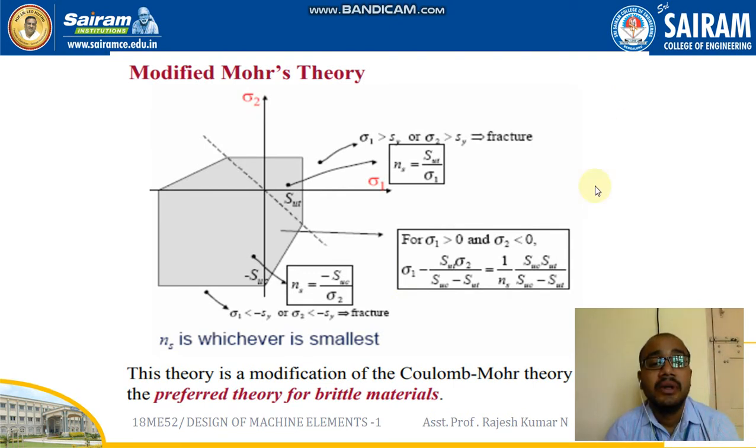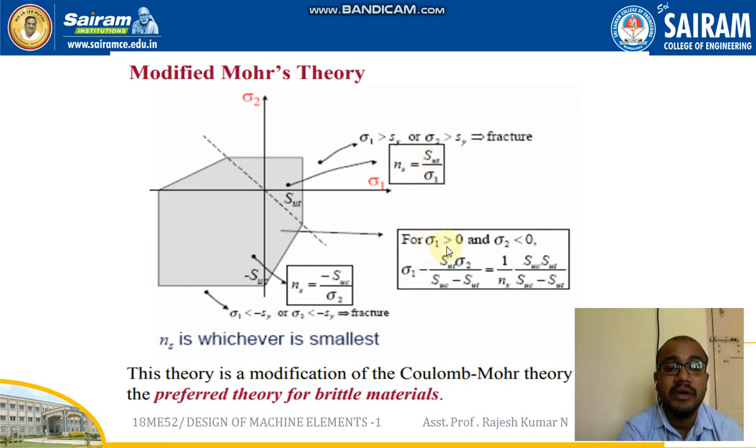Next is the modified Mohr's theory, where you can see from the sketch that sigma 1 is greater than S, or sigma 2 is greater than the yield stress, which is equal to the fracture. The factor of safety can be written as the ultimate strength divided by sigma 1.